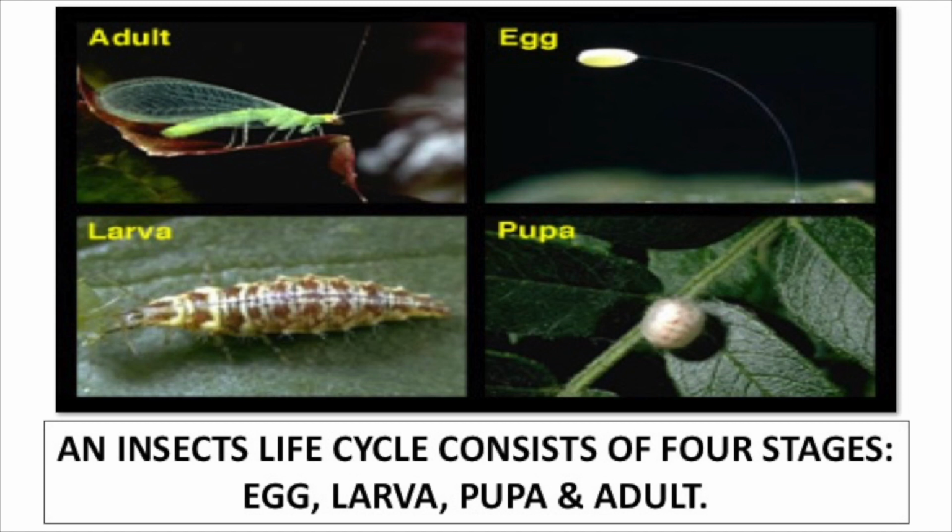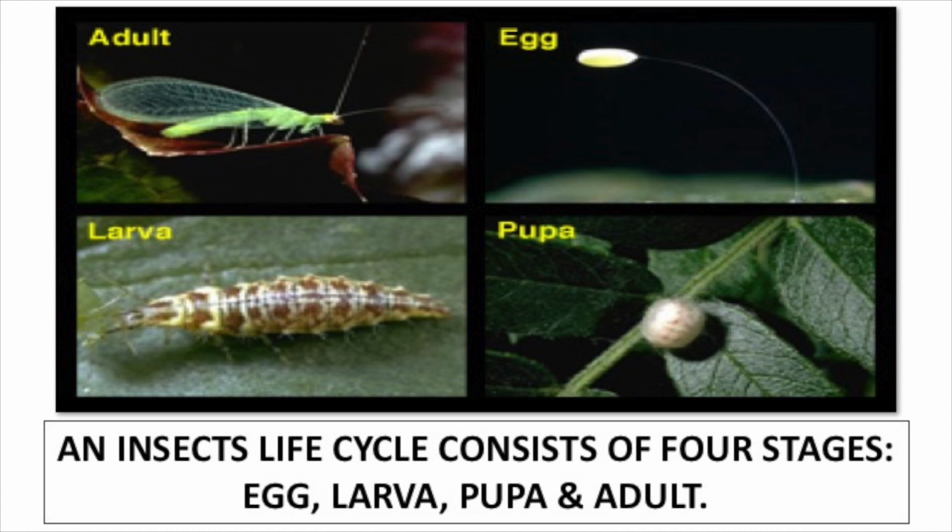An insect's life cycle consists of 4 stages. First one, egg. Then, after the egg, larva. And then, pupa. Yes. And then finally, adult.